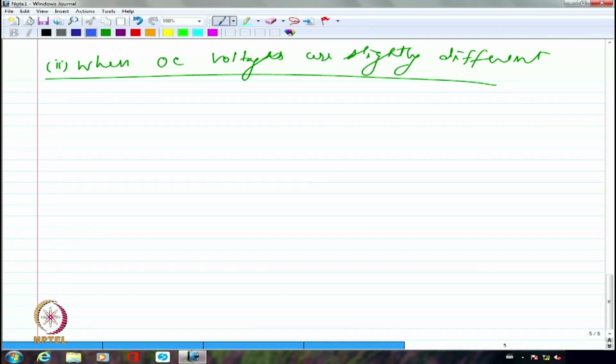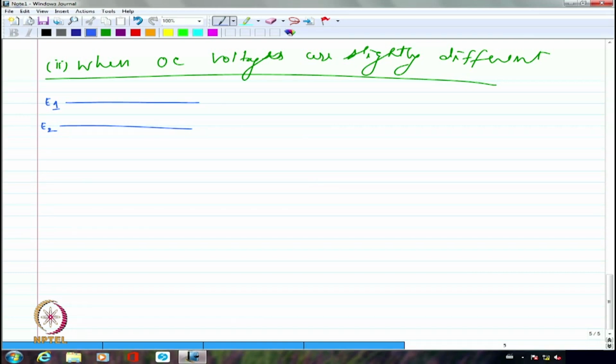Okay? So I am assuming that one of the transformers has the open circuit voltage as E1, the other transformer has the open circuit voltage as E2. Both these things are V2 dash, or V2, what we are looking at. The secondary side open circuit voltage for one of the transformers is E1. The secondary side open circuit voltage for the second transformer is E2.